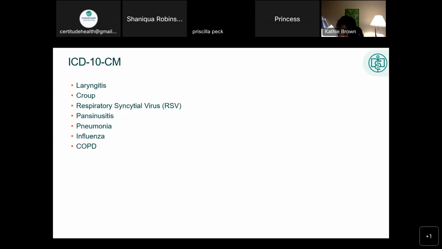So the point I'm making is we're seeing the same trend now with COVID. As the diseases mutate, the codes also have to be able to identify what the conditions are.